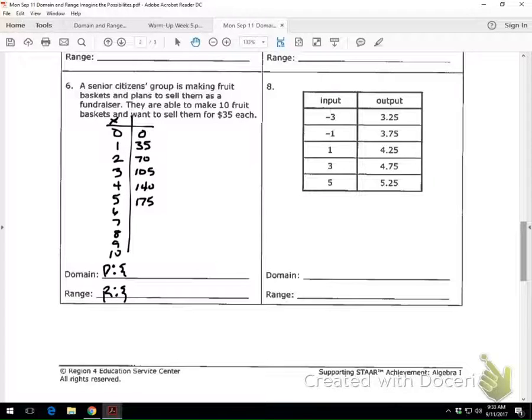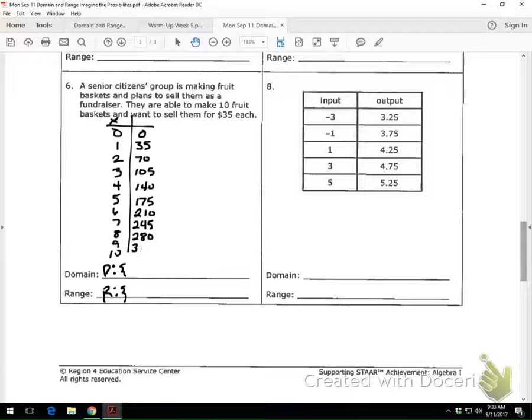6, 210. 7, 8, 9. And 10. What's that? 10 would be, we messed up on that previous one.